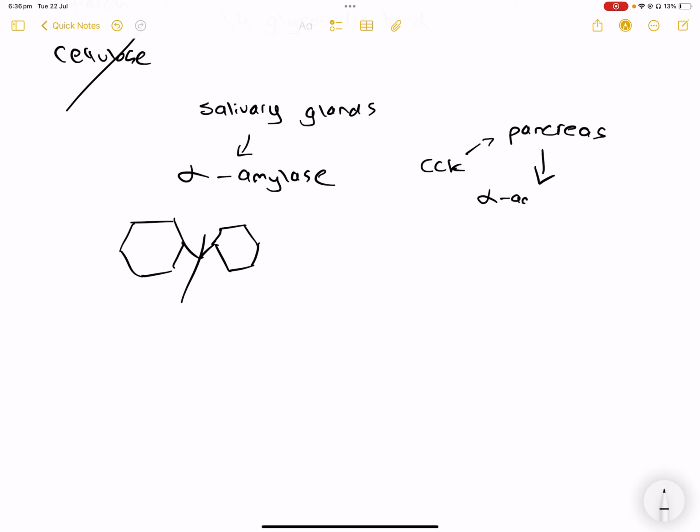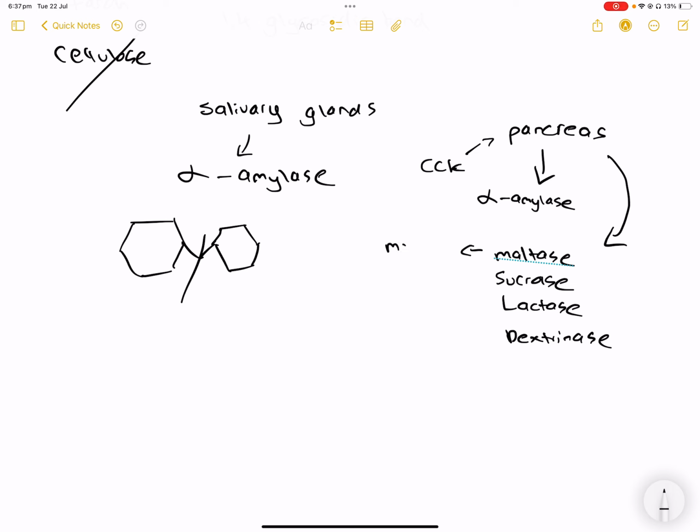Alpha amylase and other enzymes. There's 4 enzymes: maltase, sucrase, lactase, dextrinase. Okay, those are the 4 enzymes.